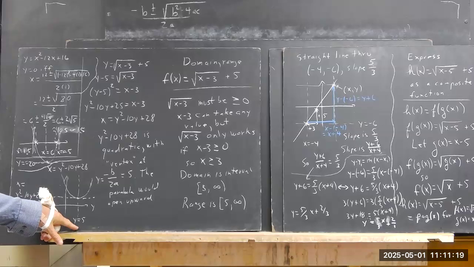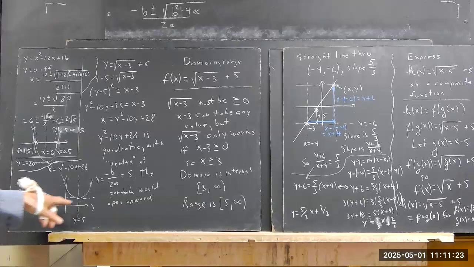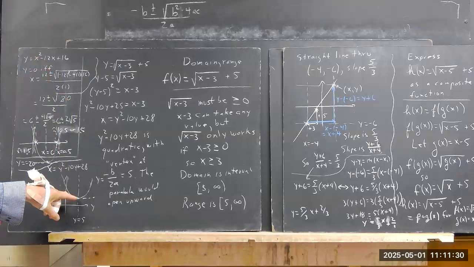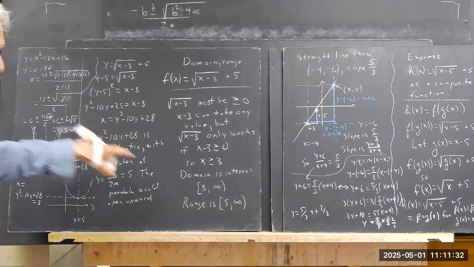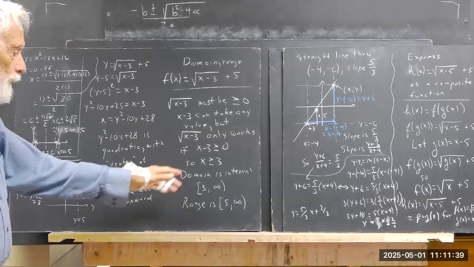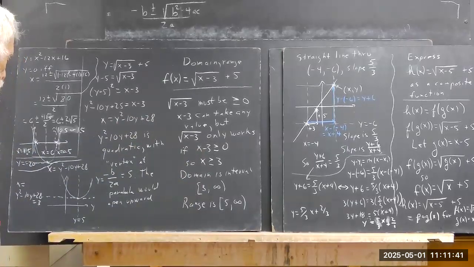We plug the coordinate of the vertex into the function and we get the value 3. So the vertex would be at 5, 3. The x values, which go this way here, are then 3 or greater, which corresponds to the domain. And the range is from 5 to infinity.